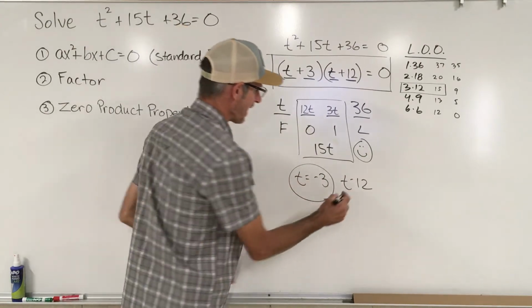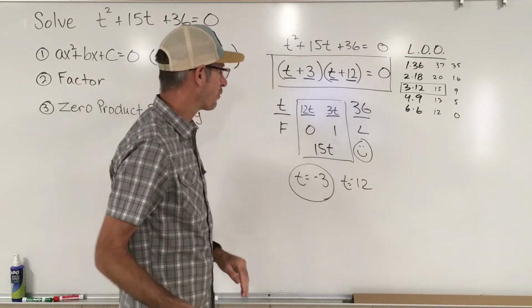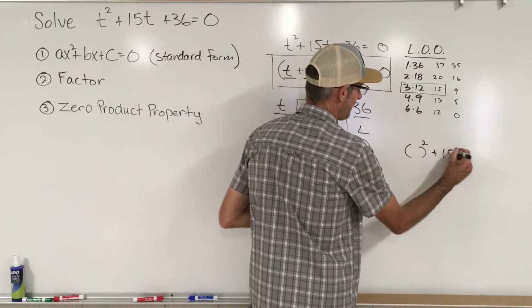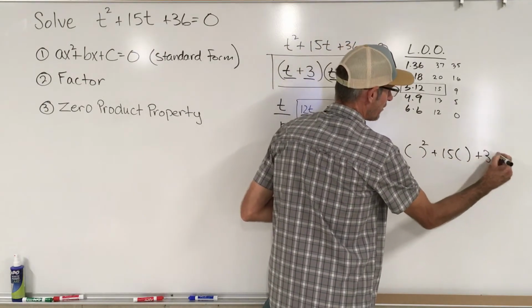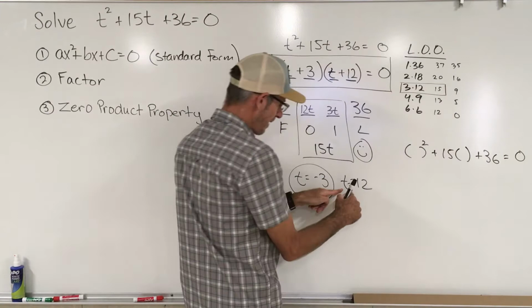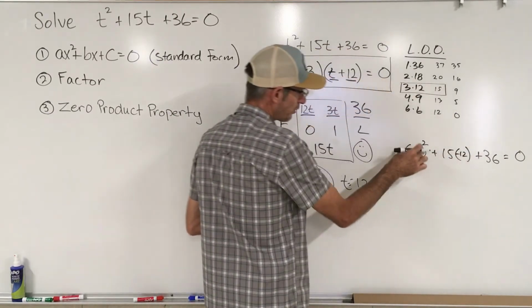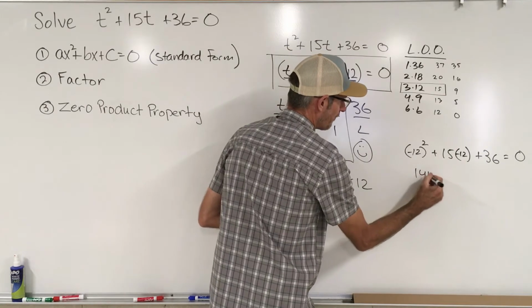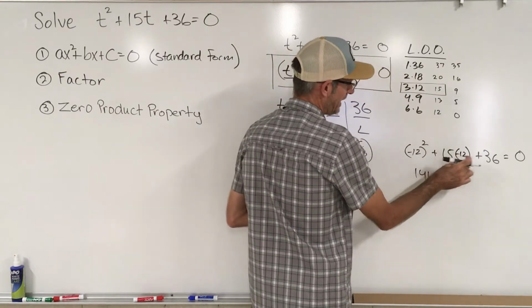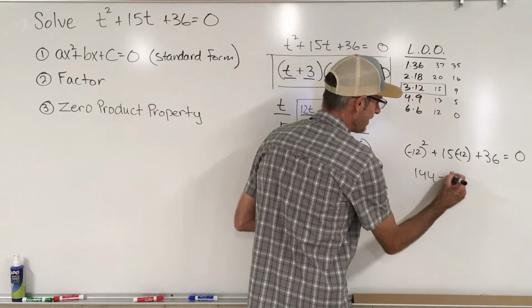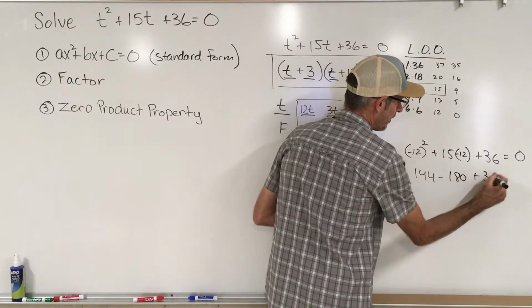What about my answer of negative 12? So I write down t squared plus 15t plus 36 equals 0. And my t value is negative 12. So 12 times 12 is 144. 15 times negative 12 is negative 180 plus 36.